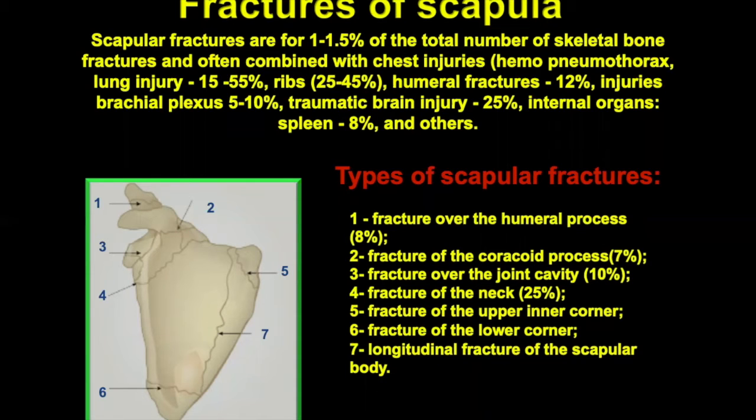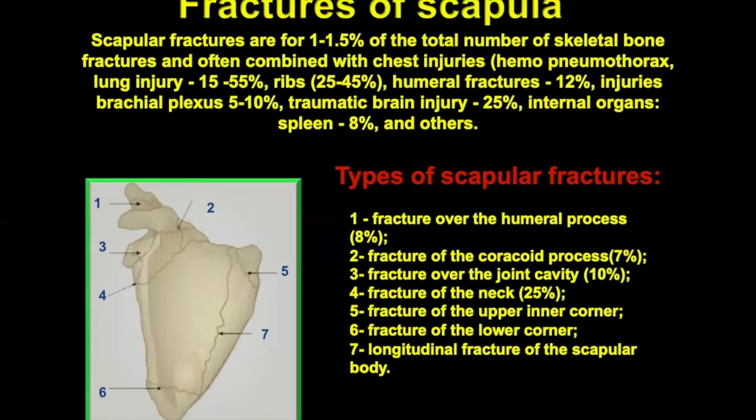There are 7 types of scapular fractures, but the main thing is a fracture of the glenoid articular surface of the scapula. You must know one big rule: when you have an intra-articular fracture with dislocation of bone fragments of more than 2 millimeters, this fracture should be treated surgically.